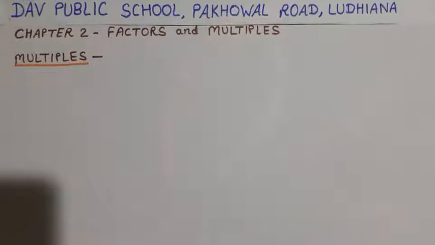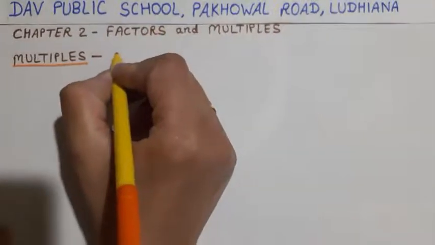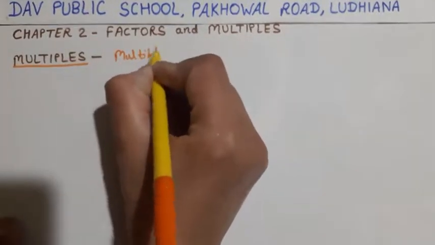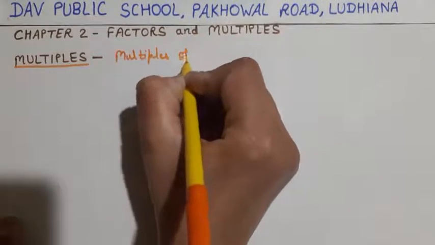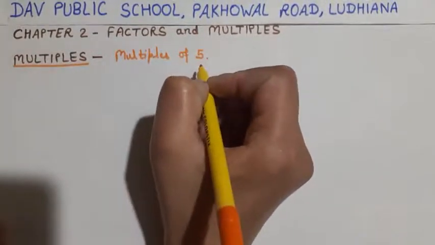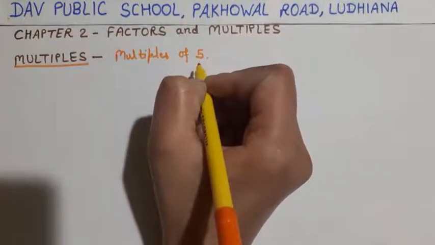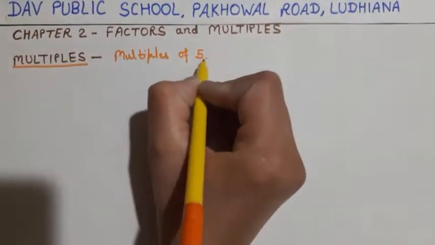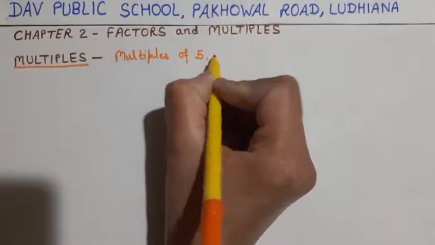So if I give you a number, say 5, tell me the multiples of 5. What are its multiples? How can you find? Yes, you just have to recite the table of 5.